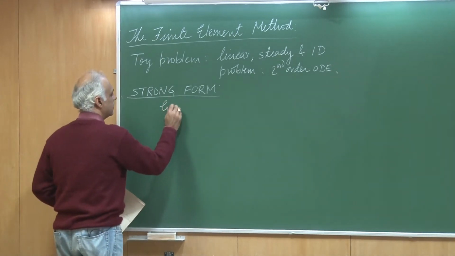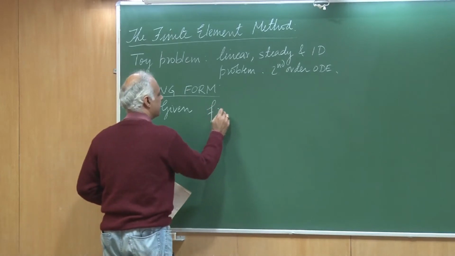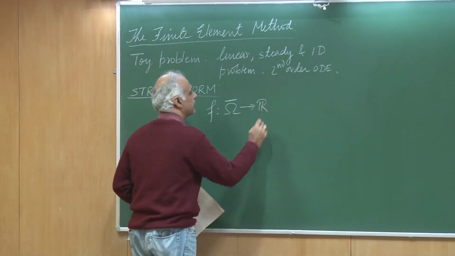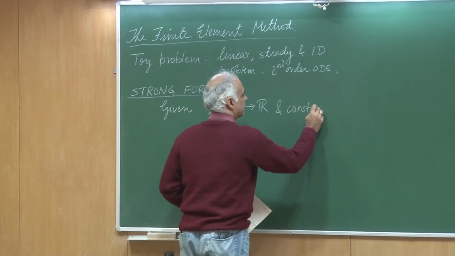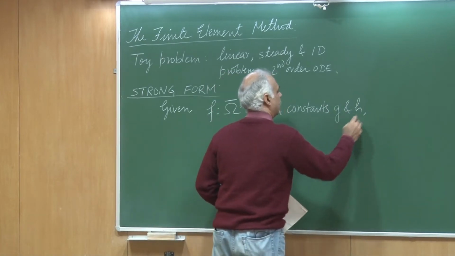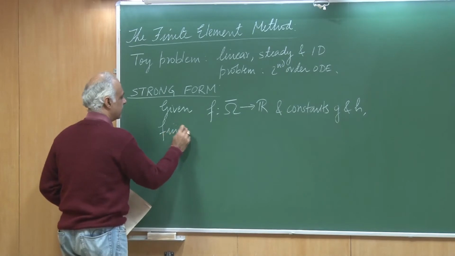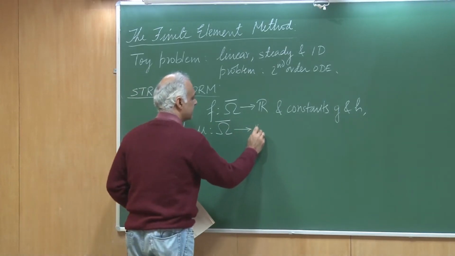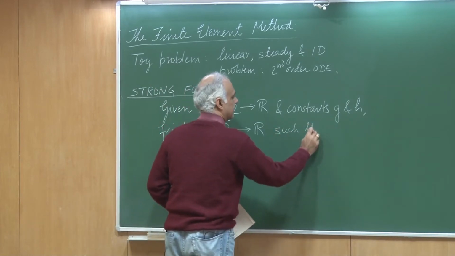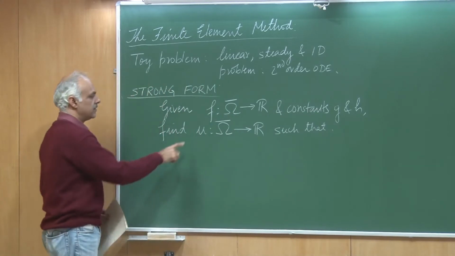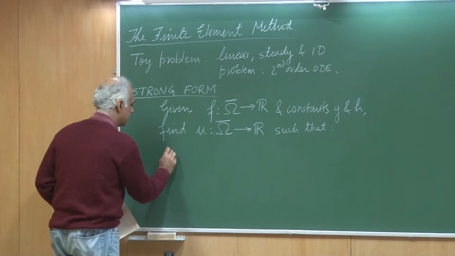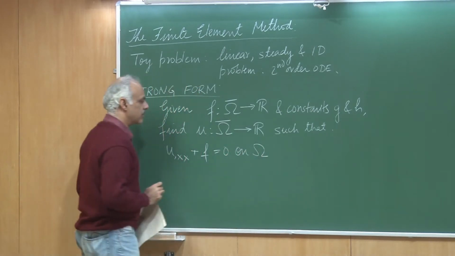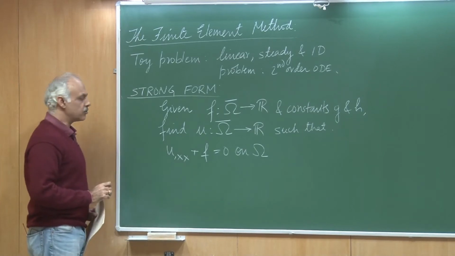The problem statement is that given a function f which is real valued and defined on a closed domain omega bar, and some constants g and h, I would like to find the solution u, again defined on the domain omega bar, and it is a real valued function such that this solution u satisfies a differential equation, u comma xx plus f is 0 on the open interval omega, and it also satisfies two boundary conditions.